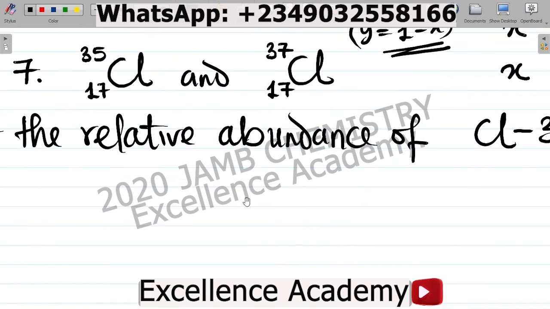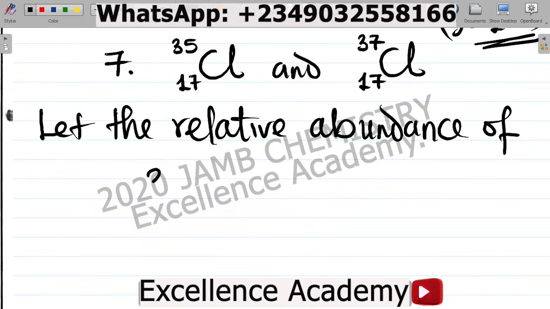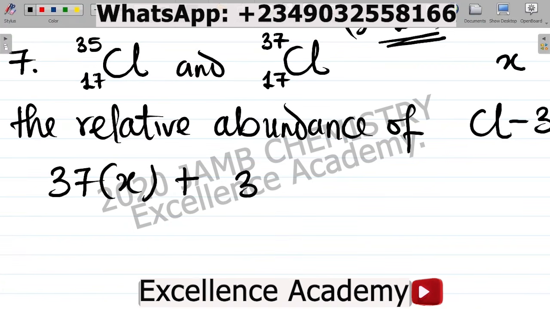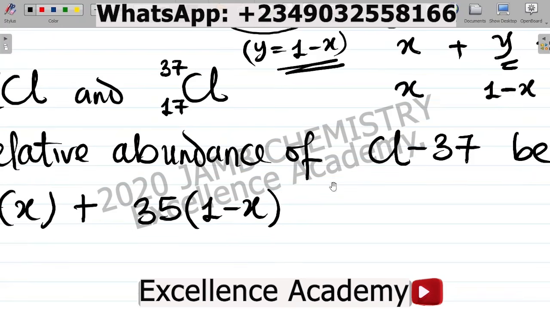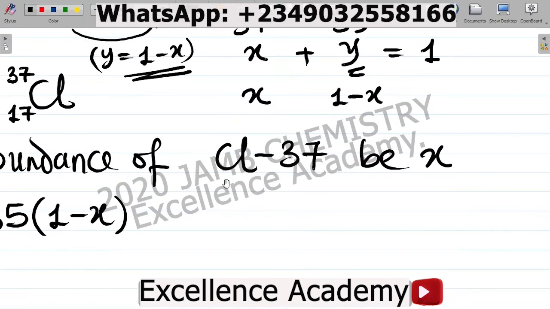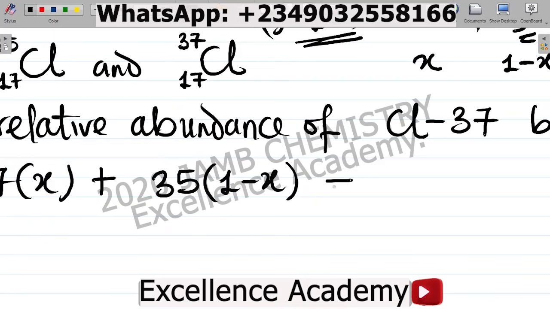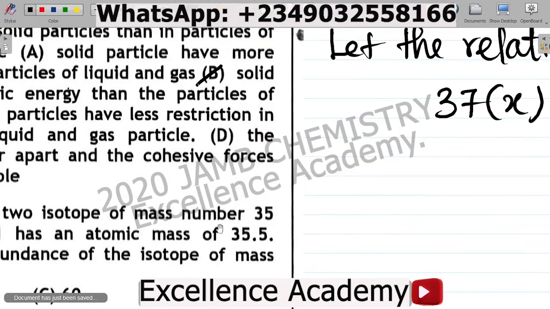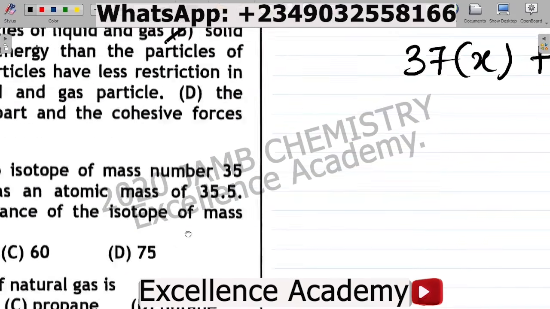So I'm having 37 times x plus 35, the next isotope, multiplied by its abundance, which we got as 1 minus x, expressed as a fraction. Then this is equal to the atomic mass of the element, which is 35.5.